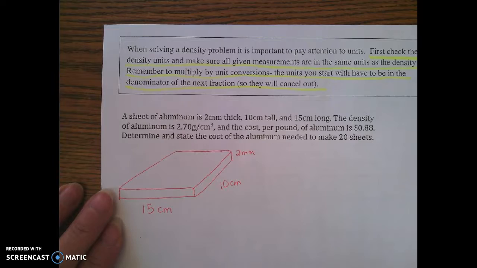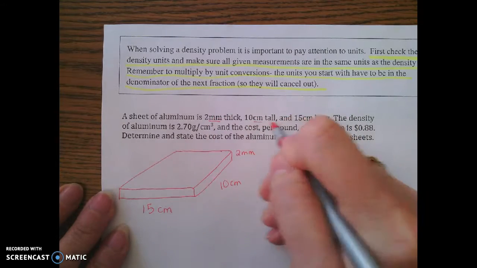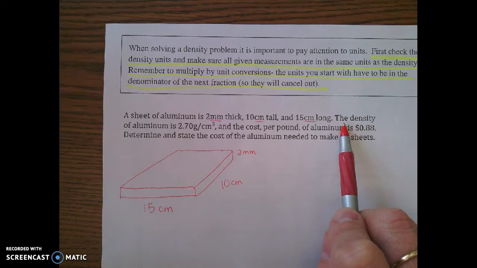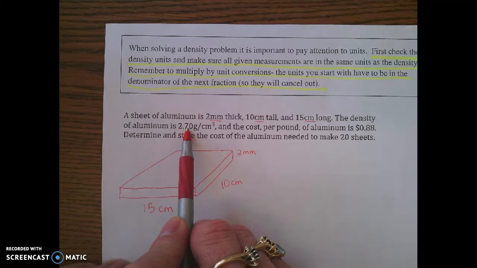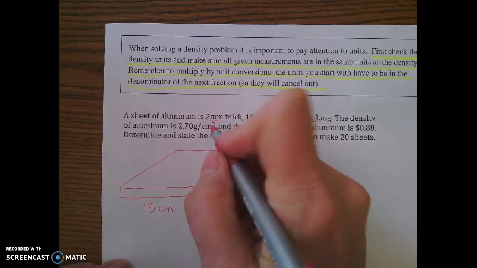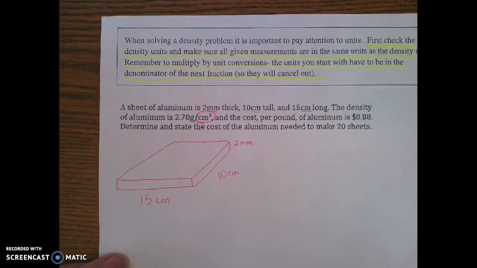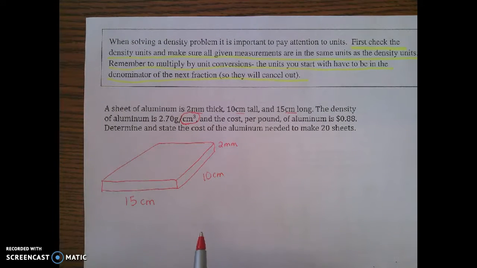So already I'm hoping you noticed these don't match. They're not all the same units. But what we need to focus on right now is you got to keep reading. The density of the aluminum is 2.70 grams per centimeter cubed. Right here is what we need to pay attention to. I'm hoping you realize when you see centimeters cubed, that's volume.